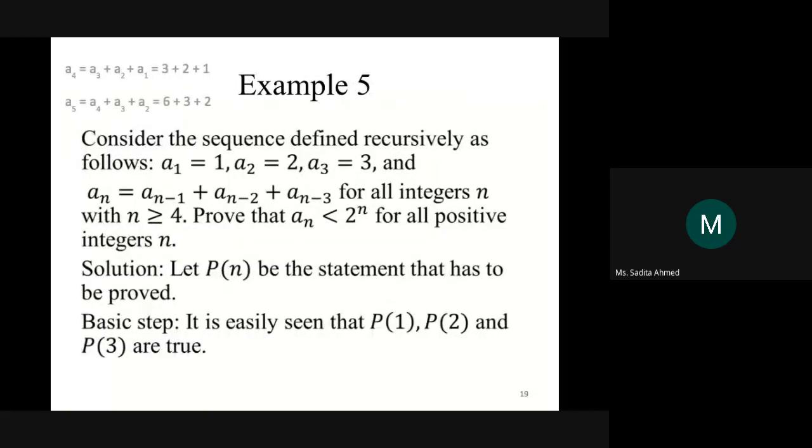So similarly, we will use strong induction to prove this identity, okay, for this sequence. We have a sequence here, which is recursively defined with an is equal to an minus 1 plus an minus 2 plus an minus 3. That is, you can get the value in some position based on the summation of the previous values, given that a1 is equal to 1, a2 is equal to 2, a3 is equal to 3.